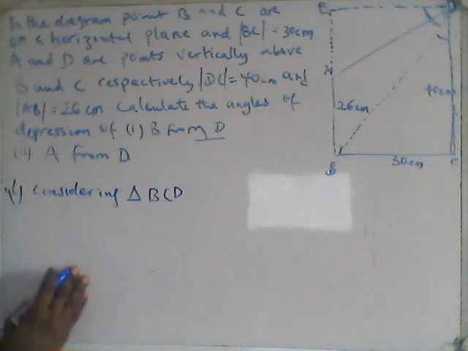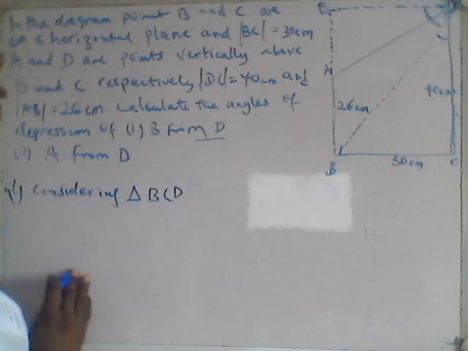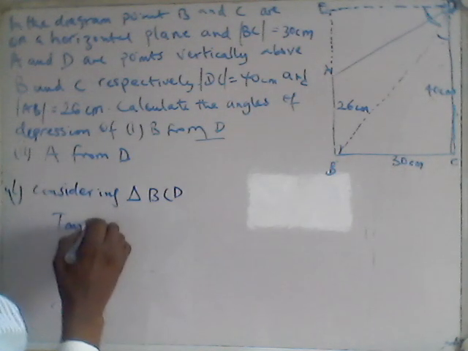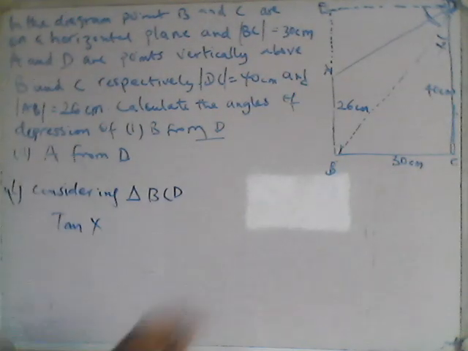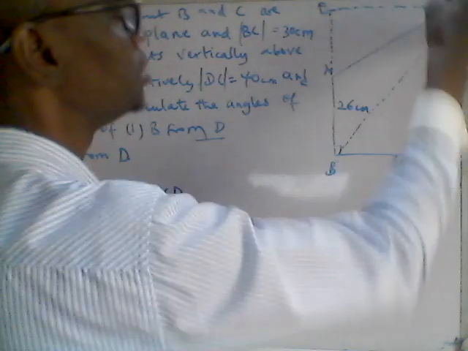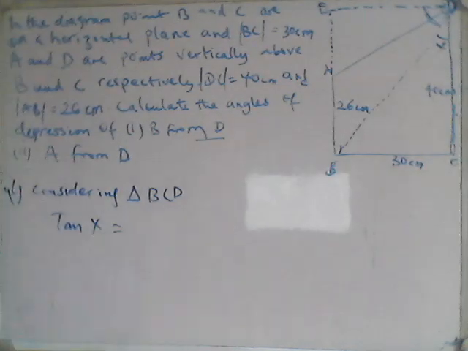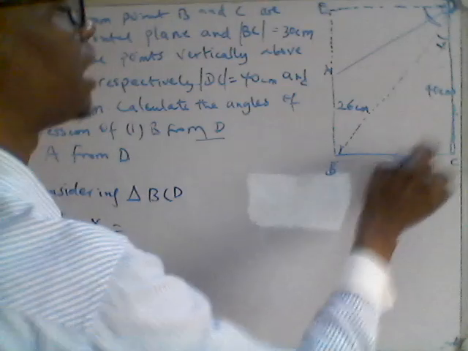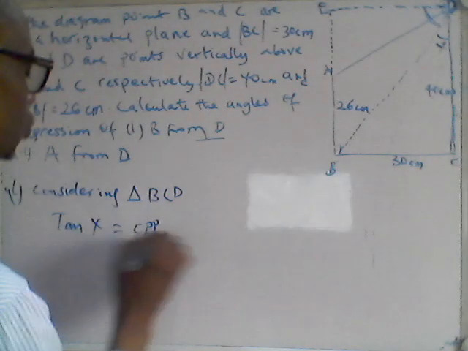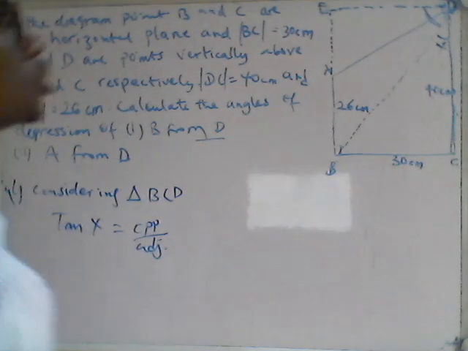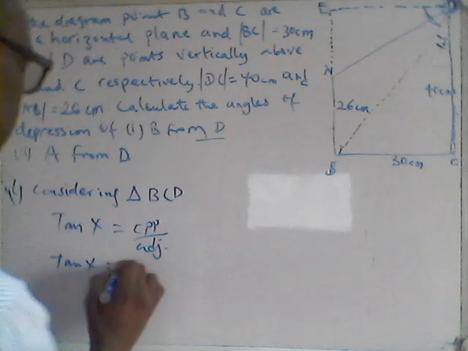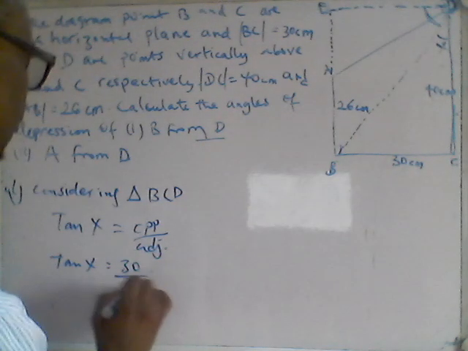there's a trigonometrical identity I can use, because tan of the angle, let me call the angle X. Tan X, which is the angle that is formed by BCD. Tan X is equal to adjacent over opposite, over adjacent, sorry, opposite over adjacent. So what is opposite? Tan X is equal to opposite is 30 and adjacent is 40.